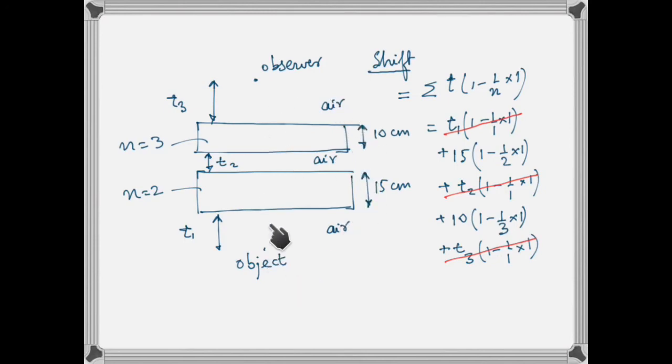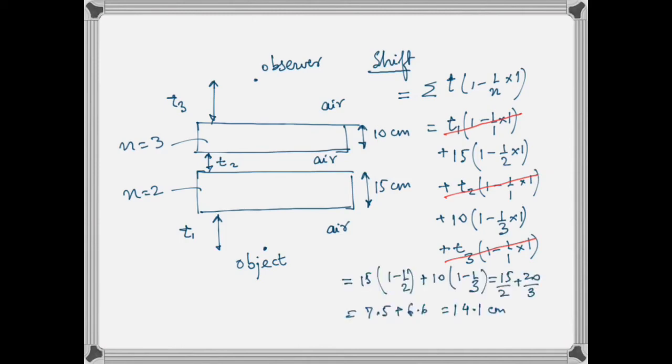If this was all air, the object would be seen at the same position. So shifting is produced only by those media which are different from air, which are these 15 centimeter and 10 centimeter media. While finding shift, we can altogether neglect those media which are the same as the final medium. The final medium is air, so we can neglect this air and this air. There is no shifting due to these. So we can write only these two terms.